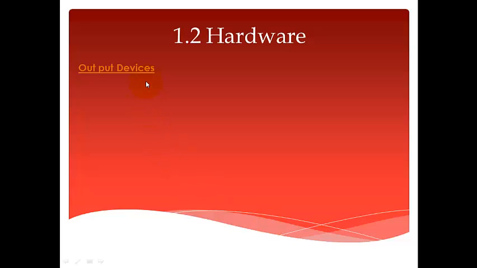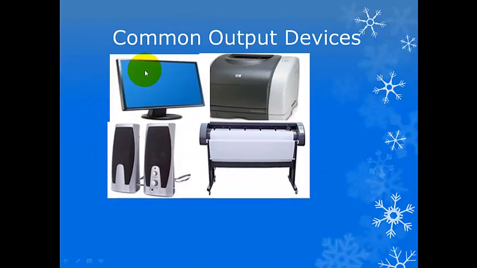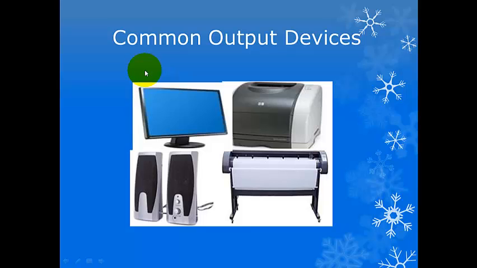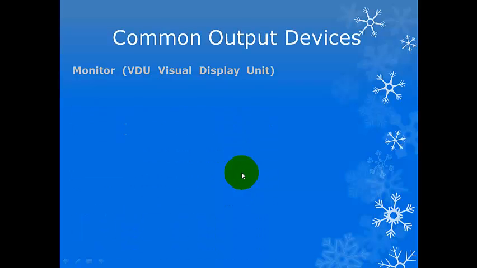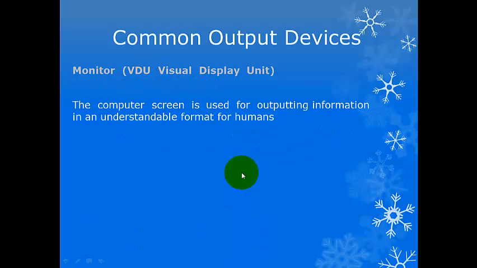And coming to output devices, common output devices are a monitor, printer, speaker, and plotter. A monitor is a visual display unit. The computer screen is used for putting the information in an understandable format for humans.